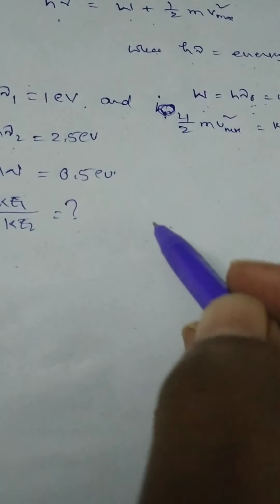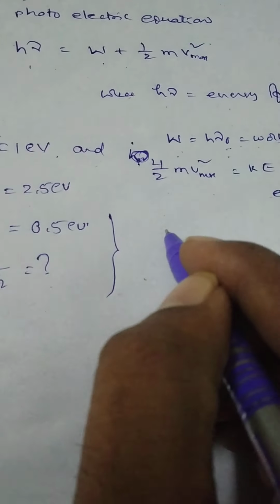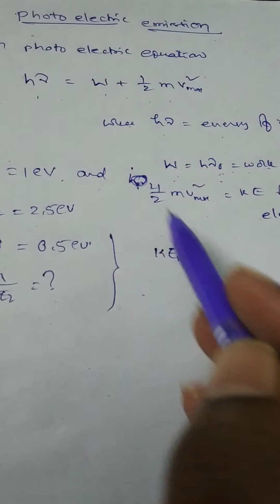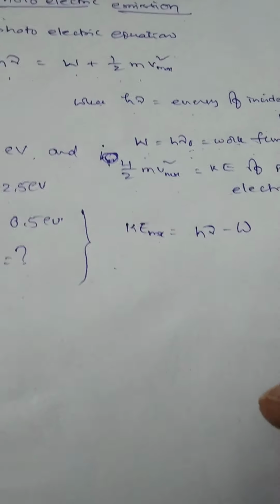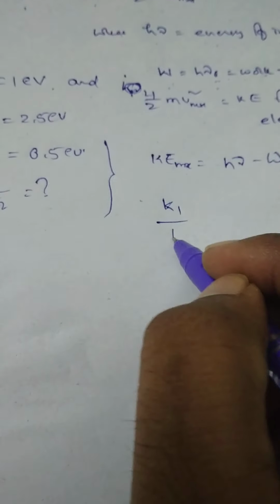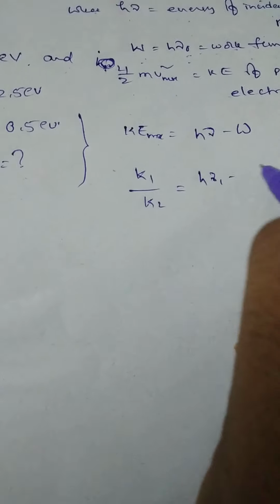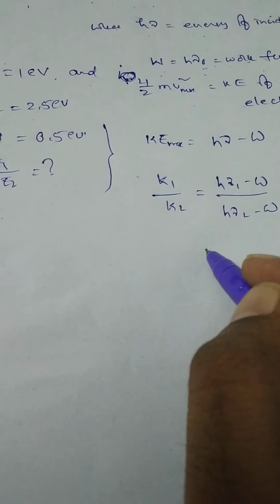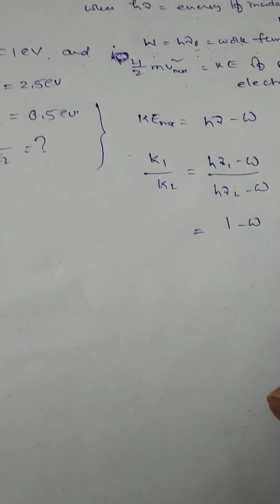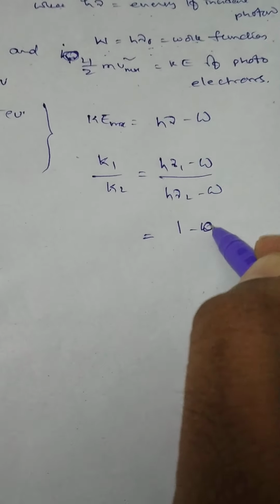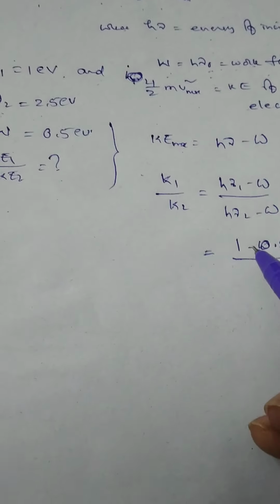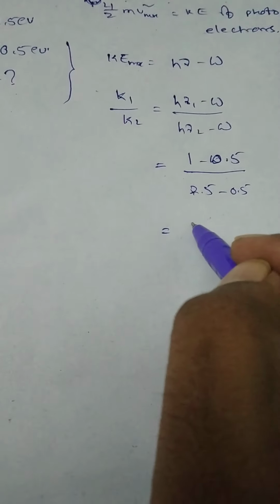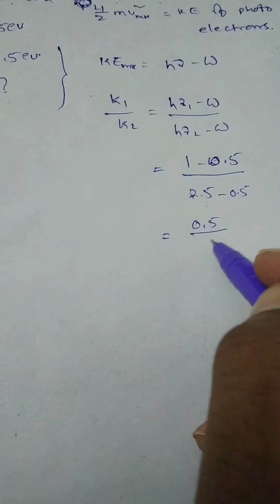According to Einstein photoelectric equation, the maximum kinetic energy of the photoelectron is given by half m v maximum square is equal to KE maximum, that should be equal to h nu minus W. Now K1 by K2 is equal to h nu 1 minus W by h nu 2 minus W. Again h nu 1 is equal to the energy of the first photon, 1 electron volt, minus W. Also here W is 0.5, by h nu 2 is equal to 2.5 minus 0.5. 1 minus 0.5 means 0.5, by 2.5 minus 0.5 means 2.